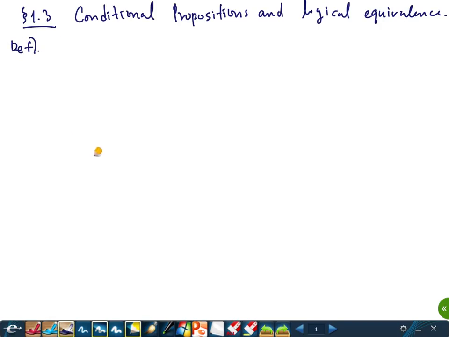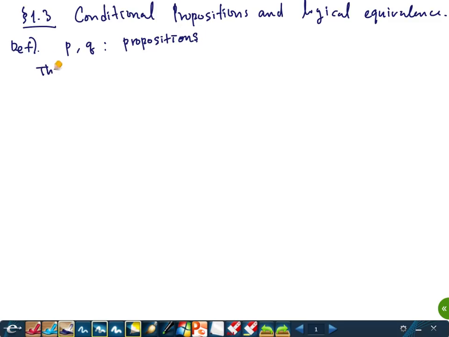So we know what propositions are. We have two propositions. A conditional proposition is another way to make a proposition out of two propositions.